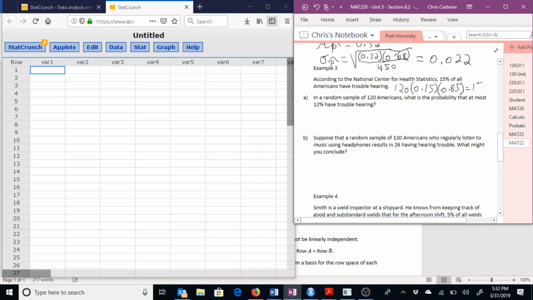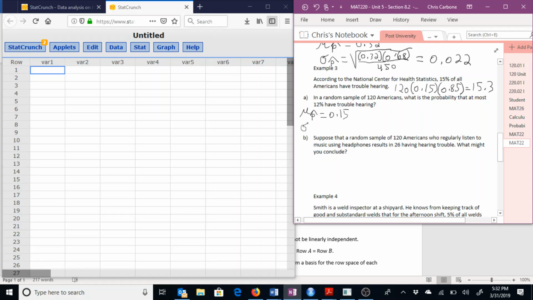So 15.3, that's at least 10. We could use a normal model. So now before we do this particular example, we do need the mean of our sampling distribution. That's going to be equal to 0.15.